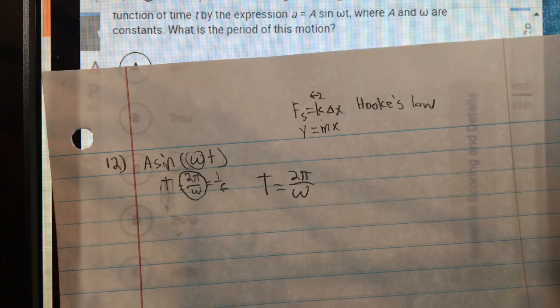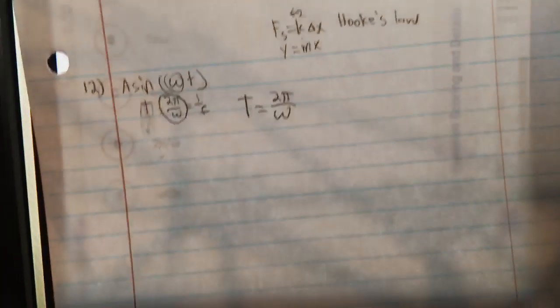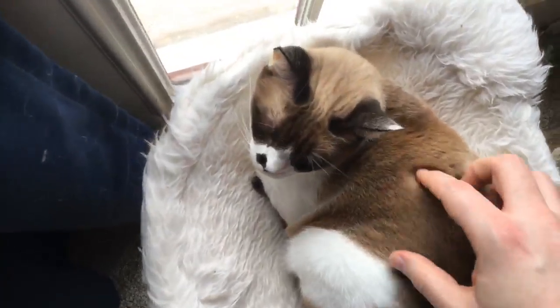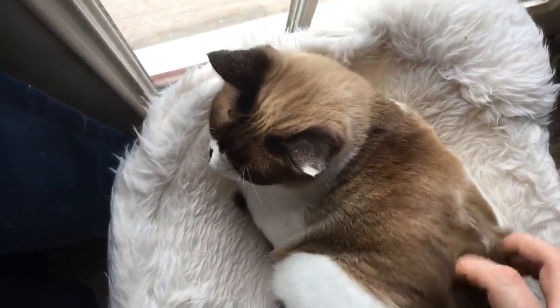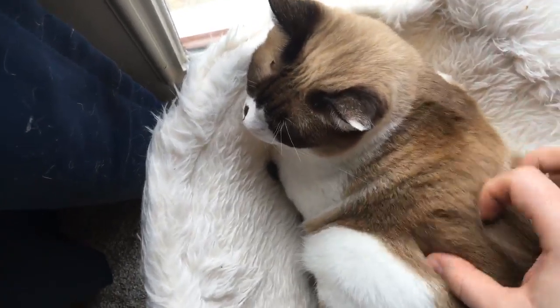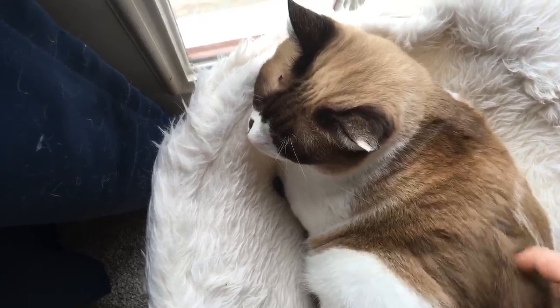Can we see my cat? Where did my cat go? This is my cat. He always gets really sniffly when the weather changes.